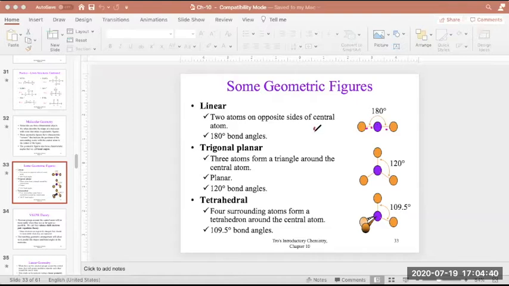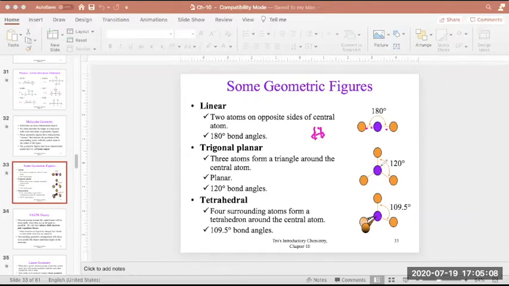You cannot have two bonds side by side because they will repel each other, because electron and electron repel each other, both being negative charge. So the structure has to be arranged in such a way that the bonds are as far apart as possible so that the electrons in the bonds cannot repel each other. This gives minimal repulsion, and less repulsion means more stable.